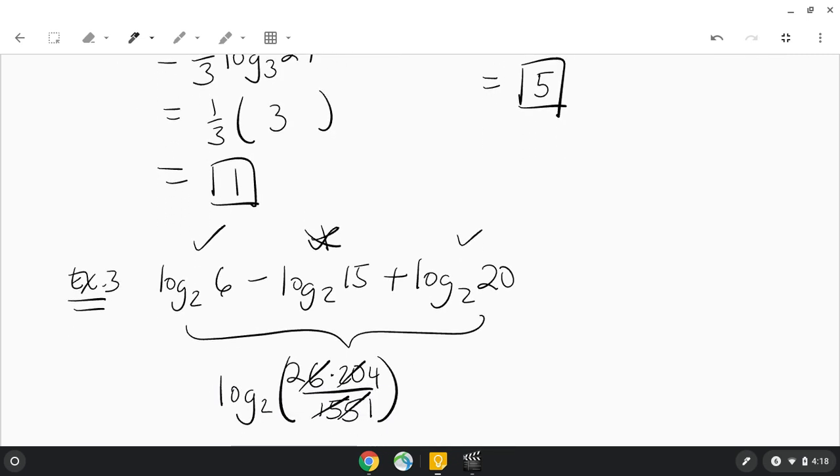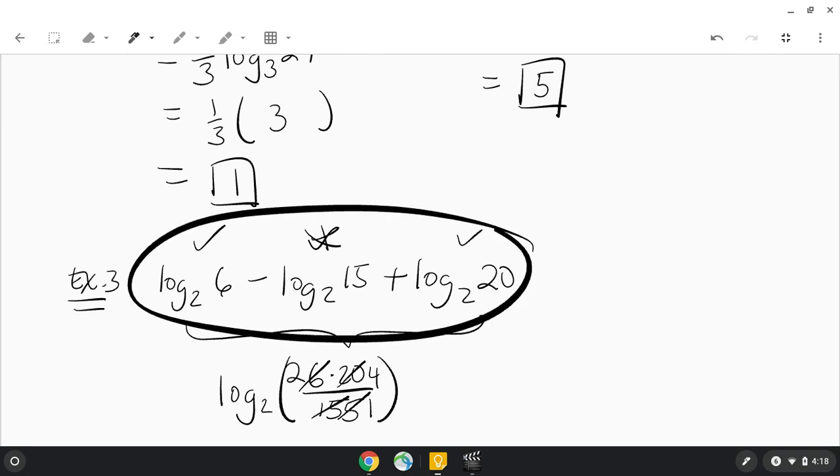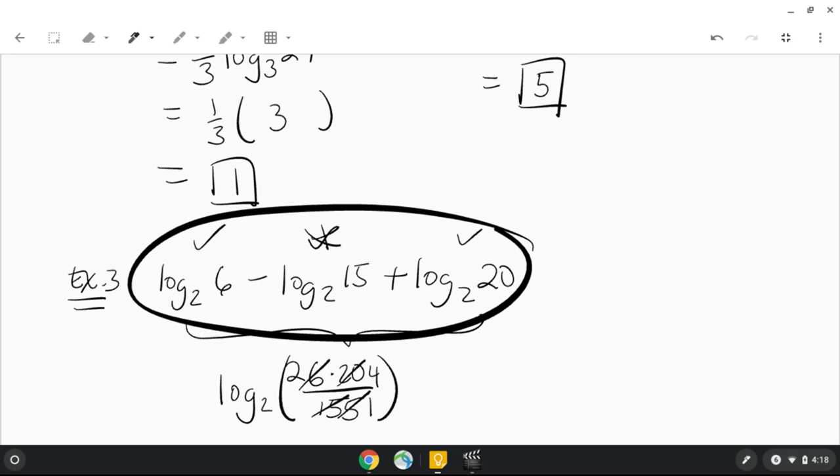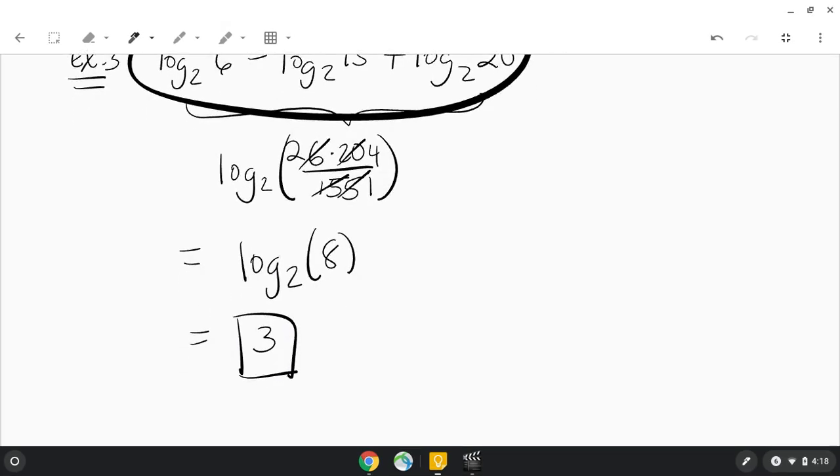And if you see a combination of addition and subtraction, like right here, you're going to be using laws number 1 and 2. So law 1 deals with addition and multiplication. Law number 2 deals with division and subtraction. And law 3 deals with exponents.